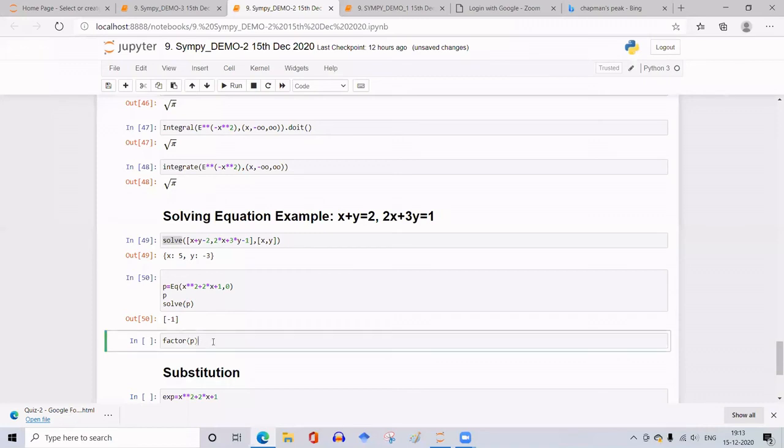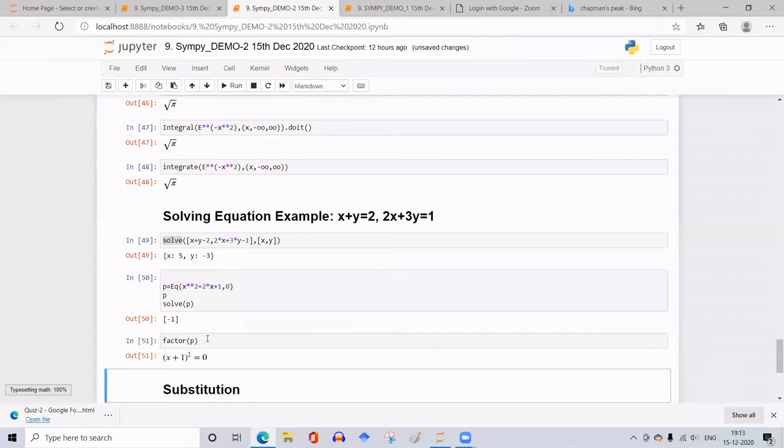So this is x square plus 2x plus 1. Let me factor this quadratic. That is done by the function factor. That gives you x plus 1 whole square is equal to 0. I thought it would give me the answer, but no, it is not evaluating this.